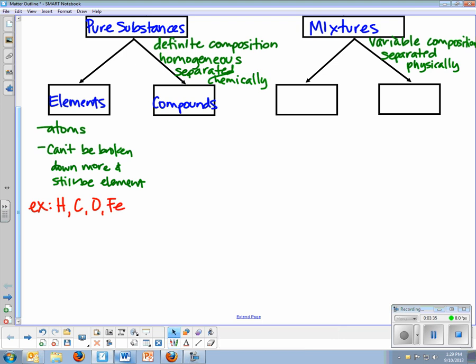Compounds have elements in them. They are 2 or more elements that are chemically combined. So it's an actual chemical reaction to make them or to split them apart. They function as a unit, so as a group together.